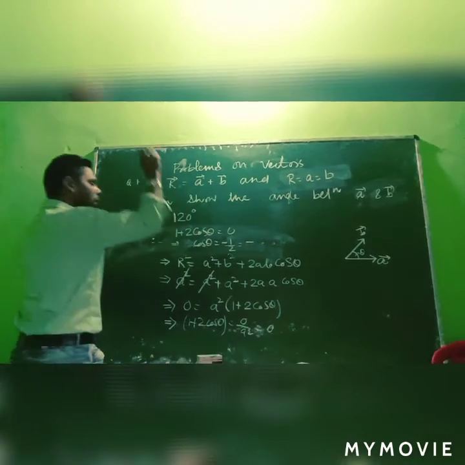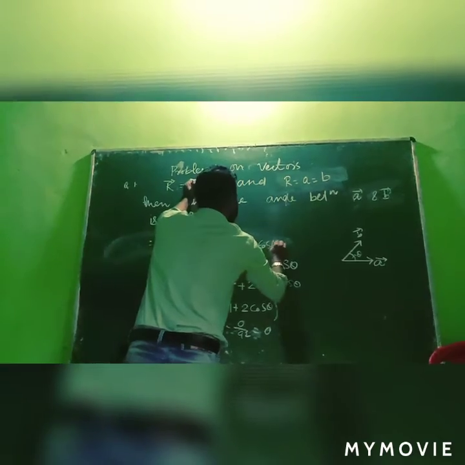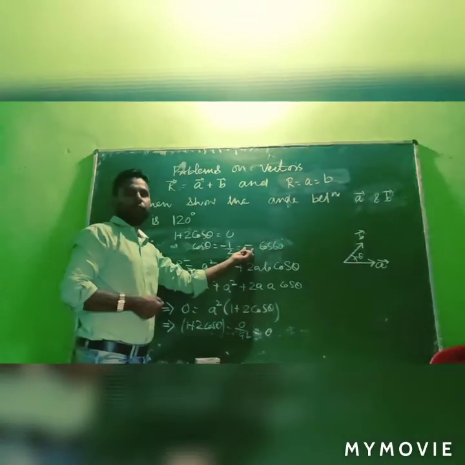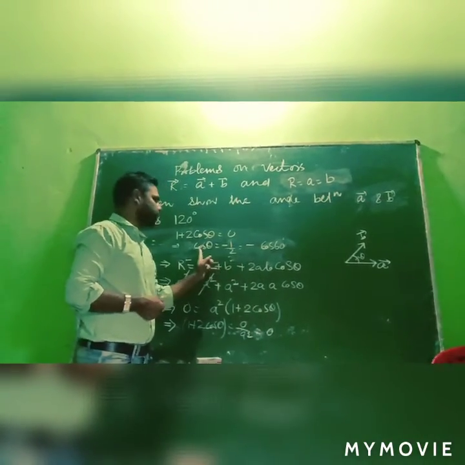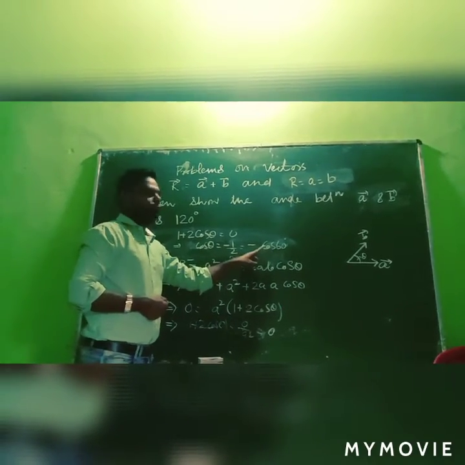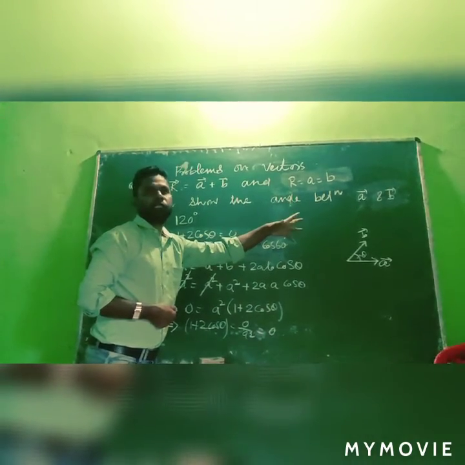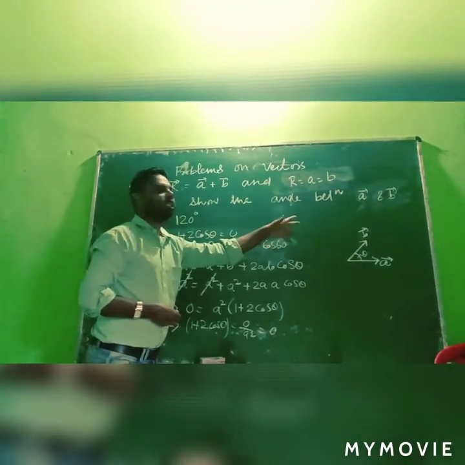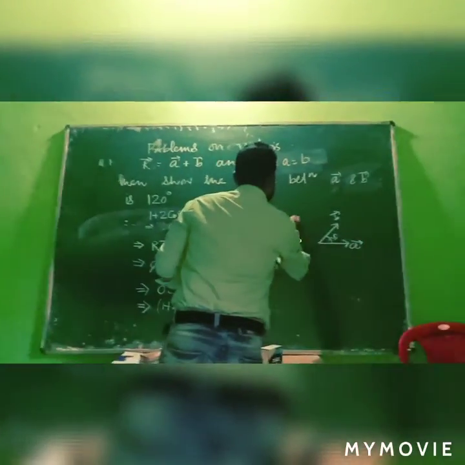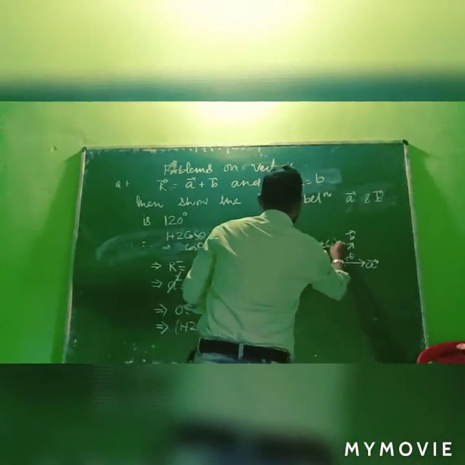What is the value of half in terms of cos? That is cos 60. You could cancel cos, but there is a problem because of the minus sign here. You cannot directly cancel cos. So in order to cancel cos and cos, you have to transform this cos 60 in terms of cos of 180 plus minus 60.